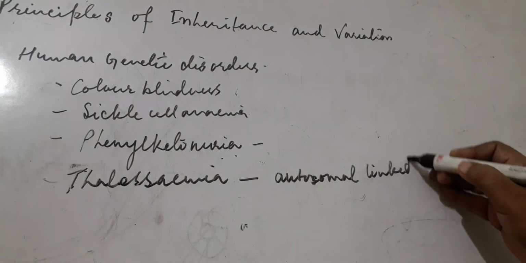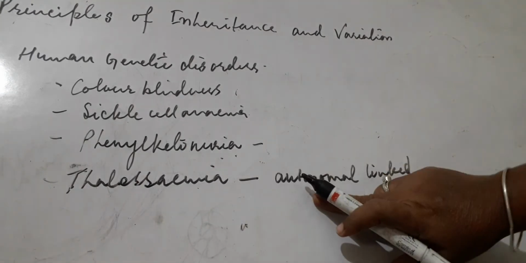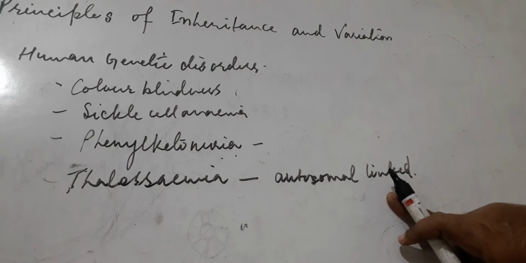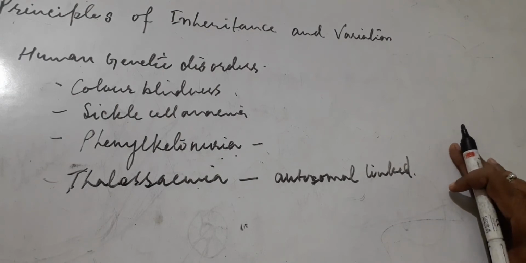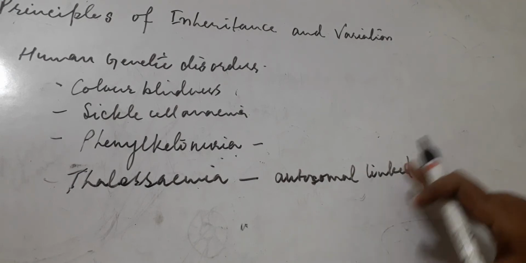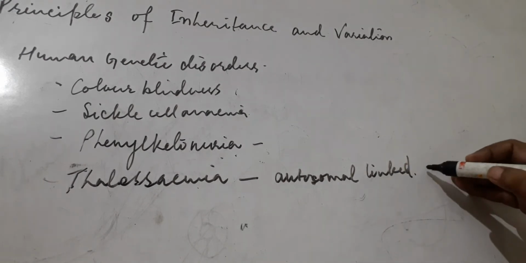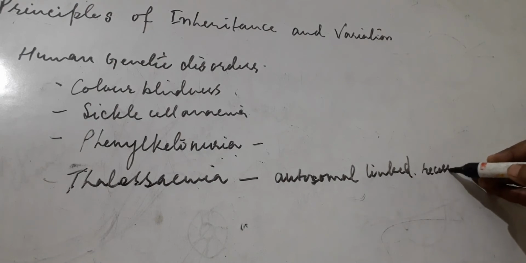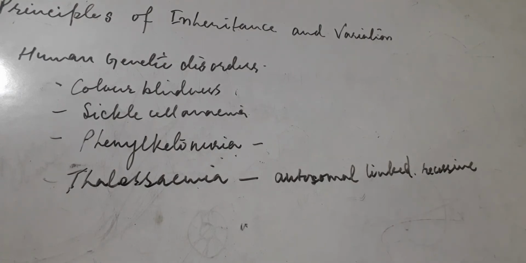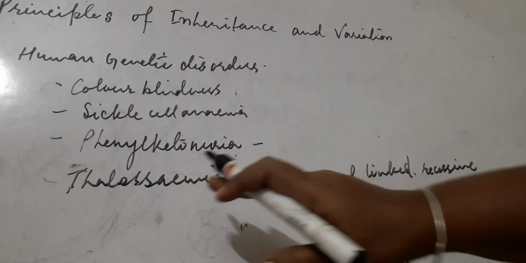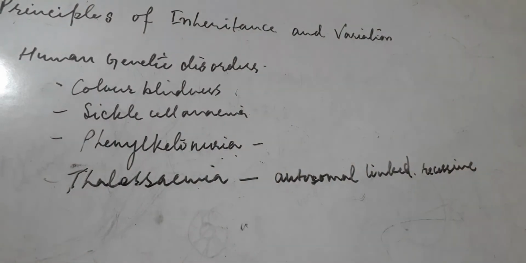Autosomal linked means this disease is related with autosome chromosomes. You know that in the human genome there are two types of chromosomes: 44 chromosomes are autosomes and one pair is known as sex chromosomes. So this is an autosome linked recessive disease, meaning when genes are in homozygous condition they are recessive. If one gene is healthy and one gene is of this disease, that will not be a disease.